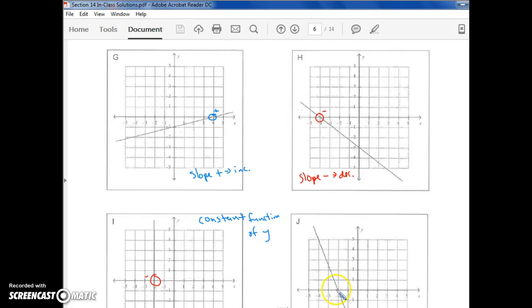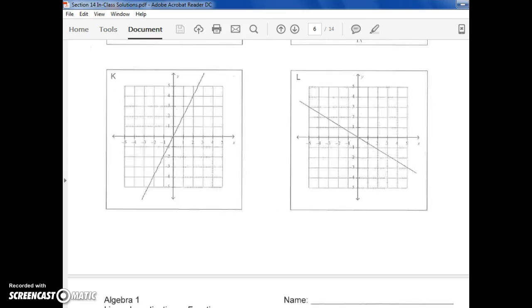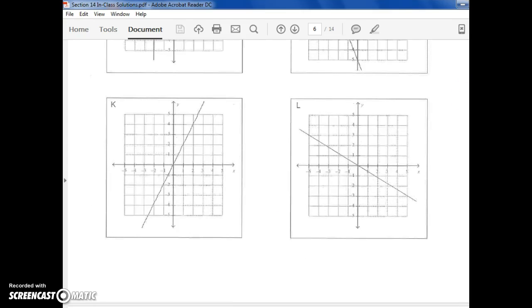On to graph J. J, we have a negative 0, and we have a decreasing function because we have a negative slope. So slope is negative, which means it's decreasing. And we've got 2 more here. On K, we actually have a 0 right there at 0.